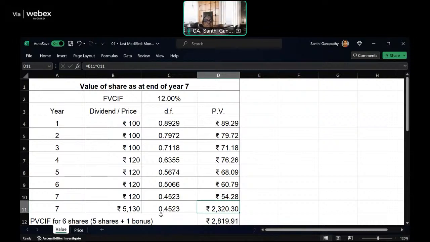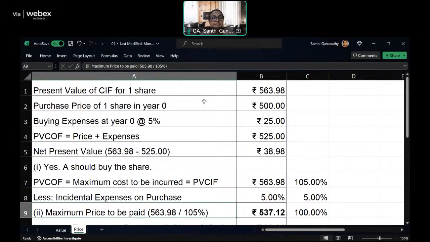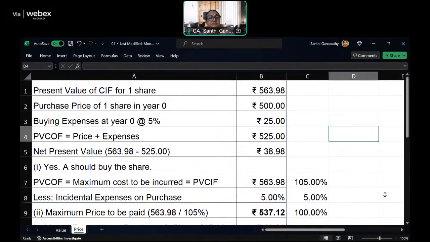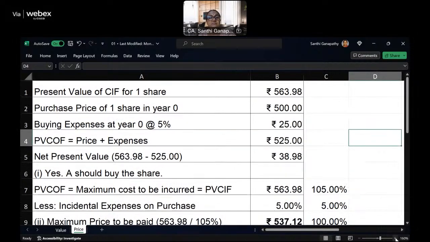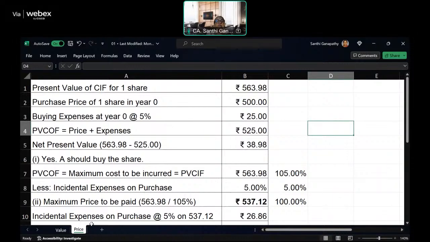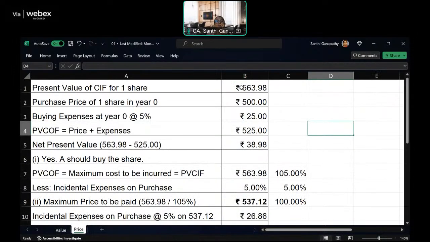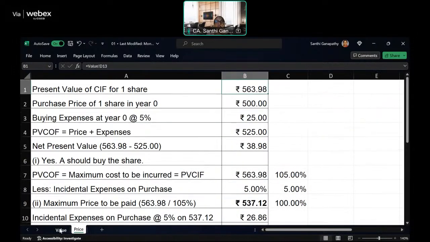So the present value of cash inflow for 6 shares is 2819.91. With this, we need to work out what is the price. What is the maximum price he can pay? That also we need to compute. We have the present value of cash inflow for 6 shares to be 2819.91. Therefore, what is it for 1 share?